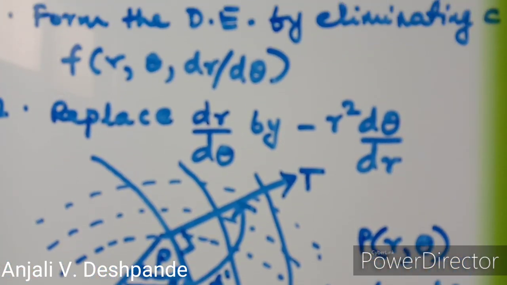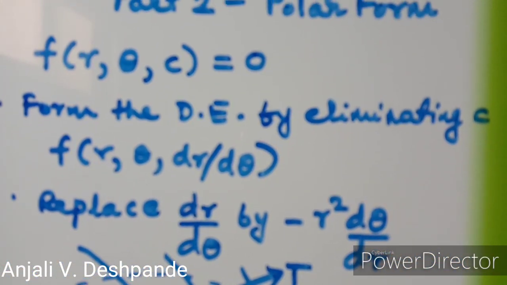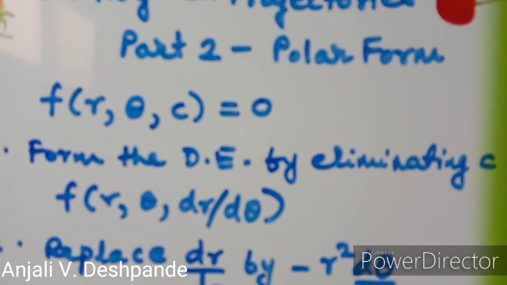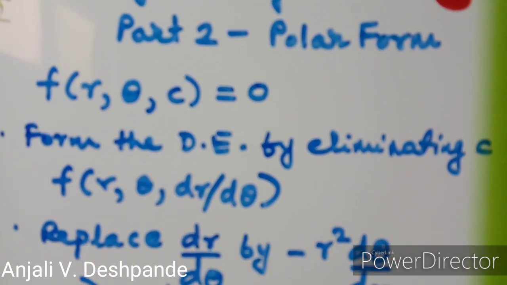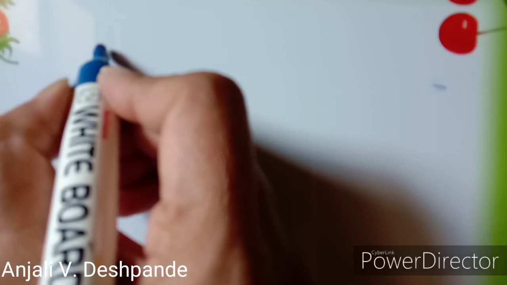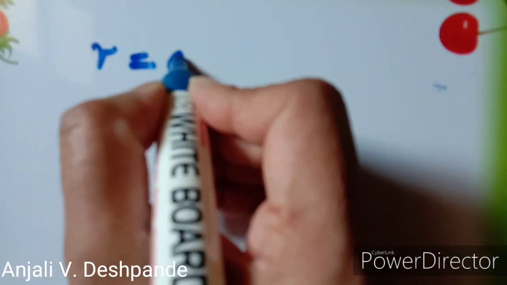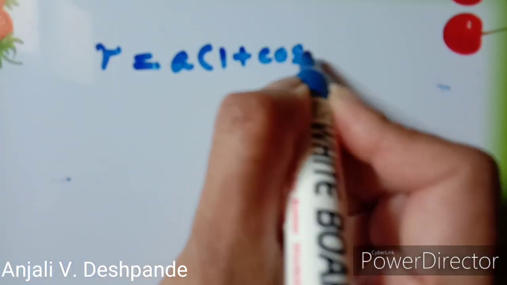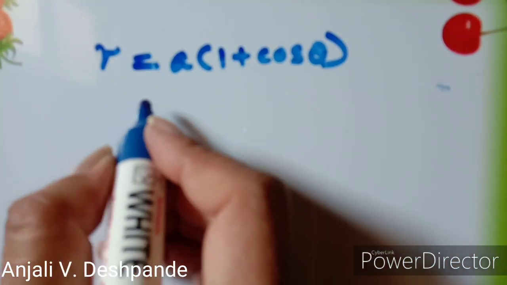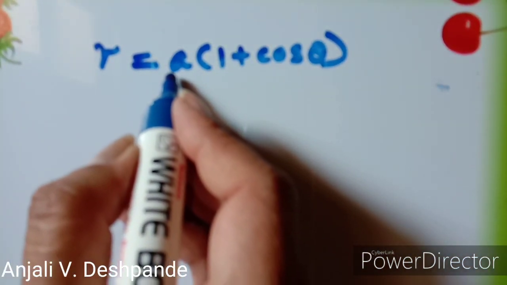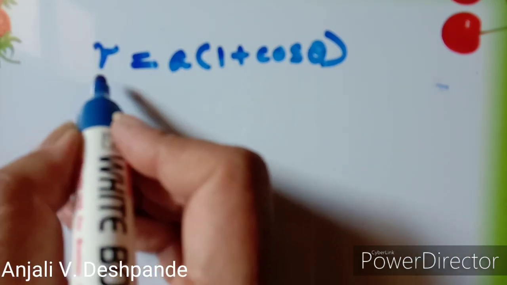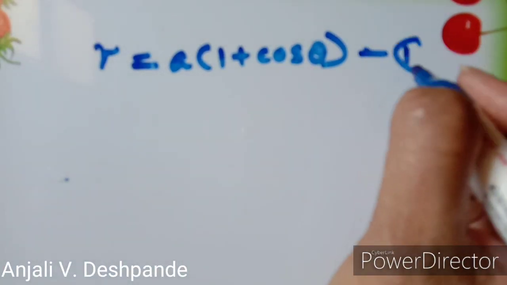Okay, so now we are going to see the example which is based upon the polar form. The family of cardioids r is equal to a times 1 plus cos theta, where a is a parameter. Now we are going to differentiate this equation. Let me call it equation 1.